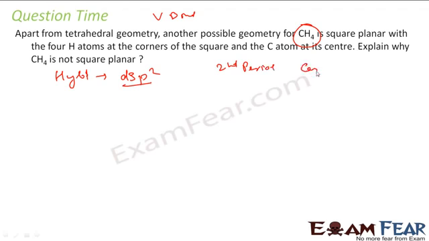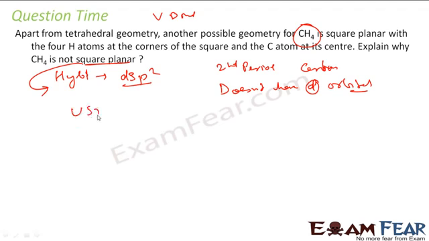It doesn't have d orbitals, correct? Since d orbitals are not there, dsp2 hybridization is not possible. If dsp2 hybridization is not possible, square planar is not possible, because for it to be square planar, hybridization has to be dsp2.